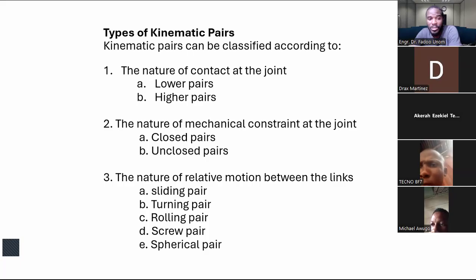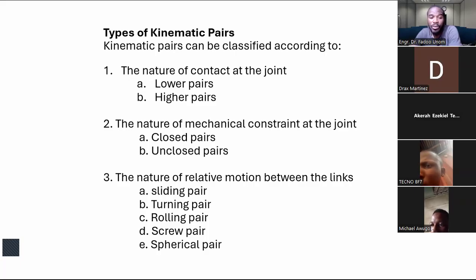So we said the nature of contact at the joint, the kind of contact that joins both links, will determine how you can classify the kinematic pairs. And with that, we have what we call lower pairs and higher pairs.